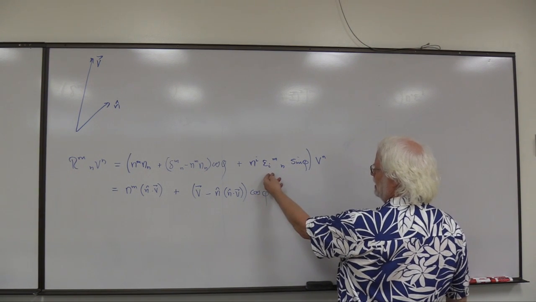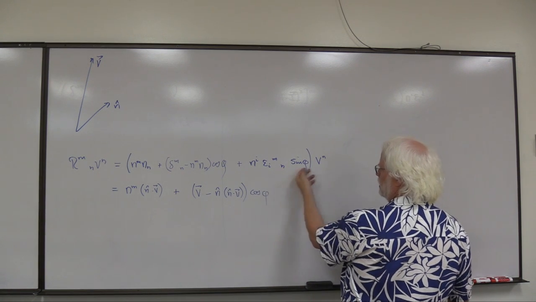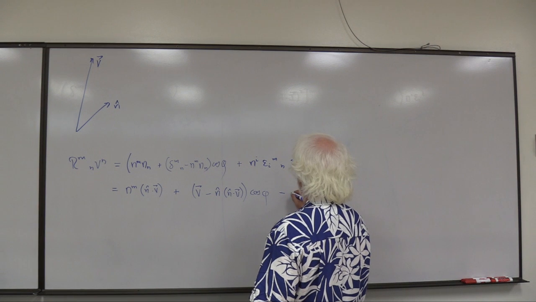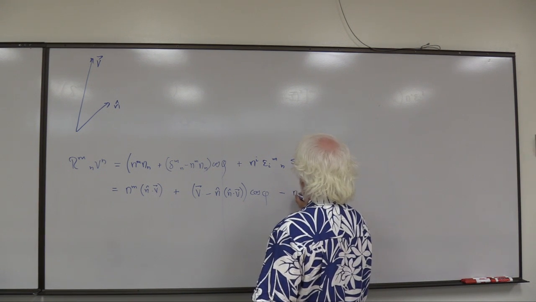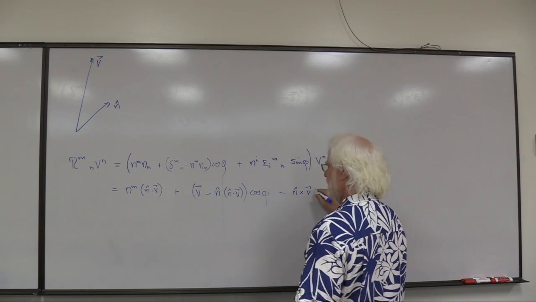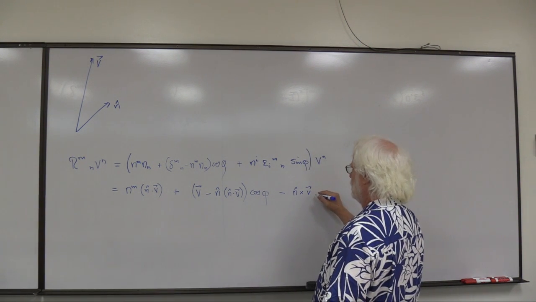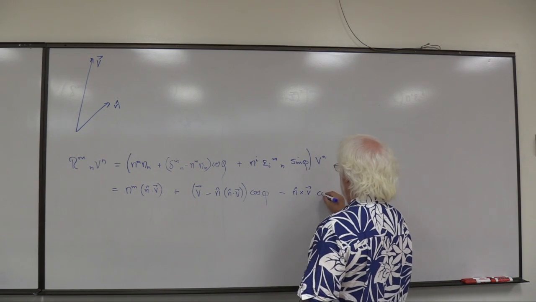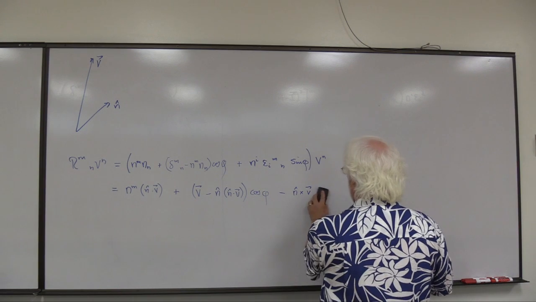Interchange m and n. Now we have the cross product, n cross v. So we're going to get minus n cross v. This would be the m component of that, and then times sine phi.